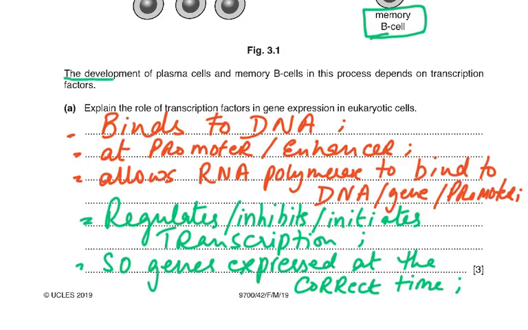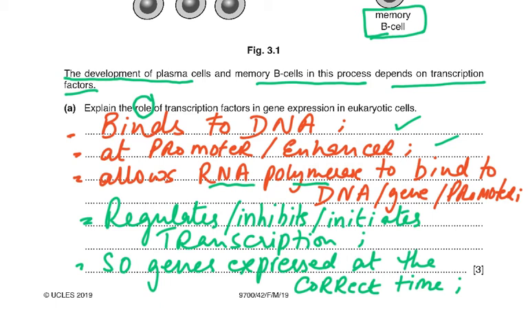You see here the development of plasma cells and memory B cells in this process depends on transcription factors. Explain the role of transcription factors in gene expression in eukaryotic cells. First of all, transcription factors always bind to DNA, either at the promoter or the enhancer, and allow RNA polymerase to bind to DNA, which is where it's going to start transcription.